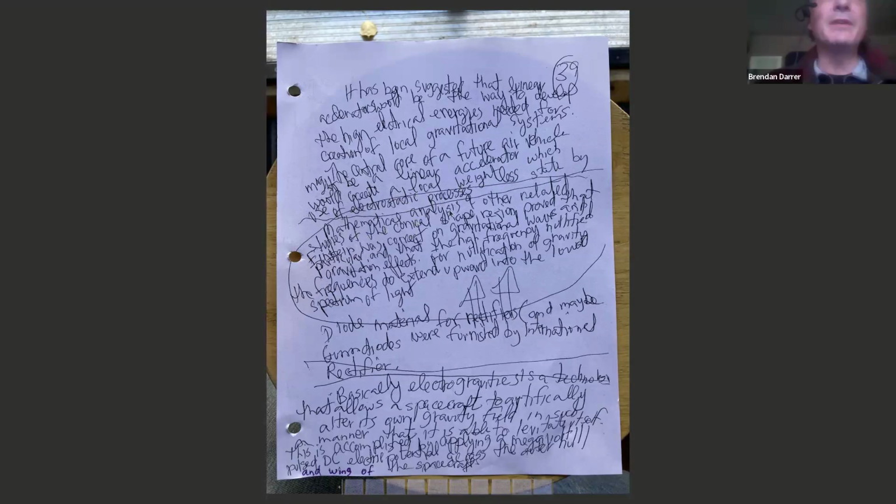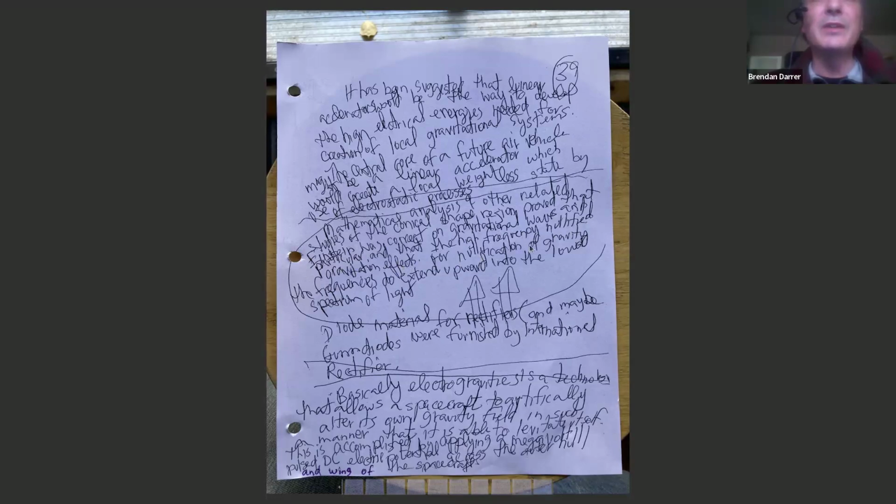processes. Mathematical analysis of other related studies of the conical shape region provided that Einstein was correct on gravitational waves, and in particular that the high frequency nullified gravitational effects.